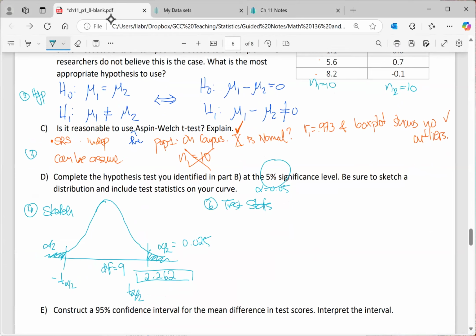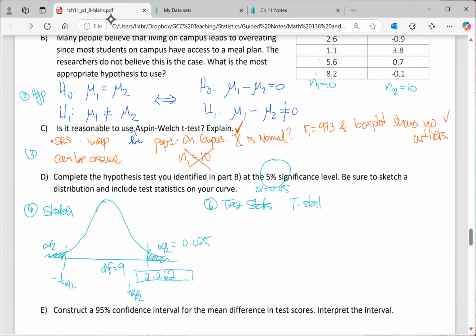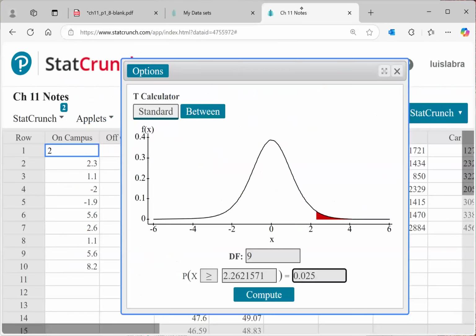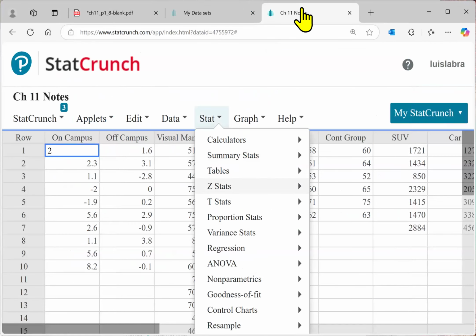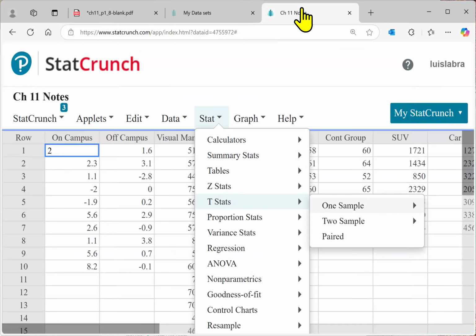So the test statistics will be the t-stat and our p-value. So let's go ahead and find that. Remember, the command is going to be t-stat with 2 samples. So we're going to go to Stats, T-stats, 2 samples.